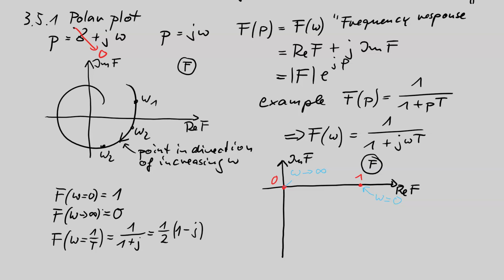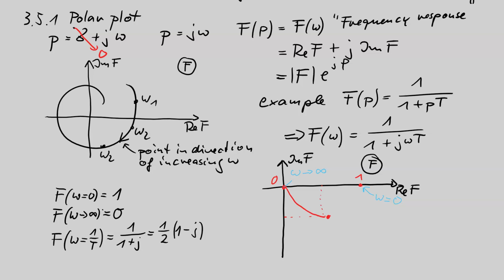So we get now a point which has a real part here and an imaginary part, half of j, which is here. So this point is here, and then you can see, okay, a straight line is not possible, this must be a circle.